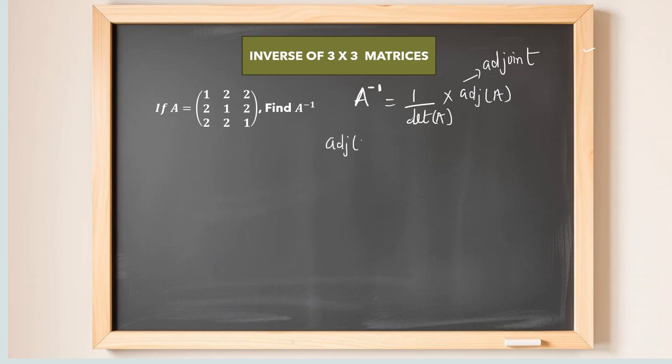The adjoint of A is the same thing as the cofactor of A transpose. So you need to calculate the cofactor, then you transpose it.